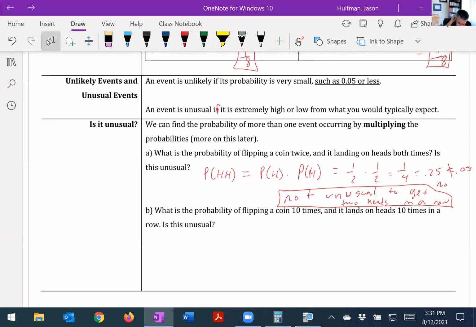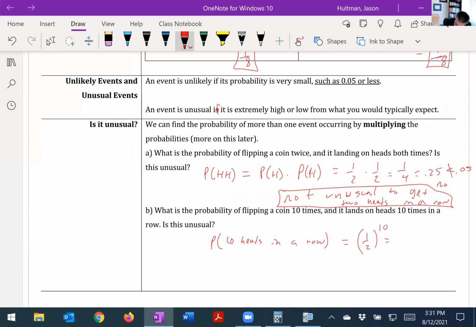What's the probability of flipping a coin 10 times and landing on heads 10 times in a row? So this is the probability of 10 heads in a row. This is going to become 1/2 to the 10th power, or 1/2 times 1/2 multiplied 10 times.